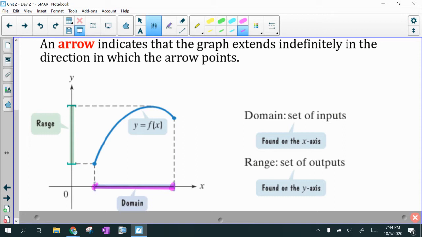But it's the range where people get confused. They say, well, I started down here, but I went up to there, and that's my range. And I say, no. The key thing about range is what is the lowest value you see up to the highest value you see. In both these cases, I've gone from that low to that high, so my range is all of the y values that the function takes on. Pause if you need to, and let's see what we can do about clarifying this.